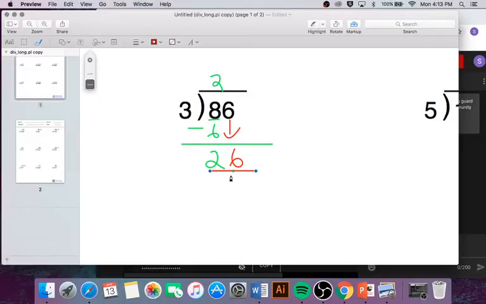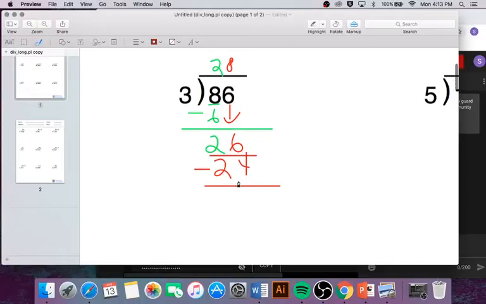So 3 goes into 26. The closest we can get is 8 without going over. 3 times 8 is 24. So now we're going to do 26 minus 24, which is 2.